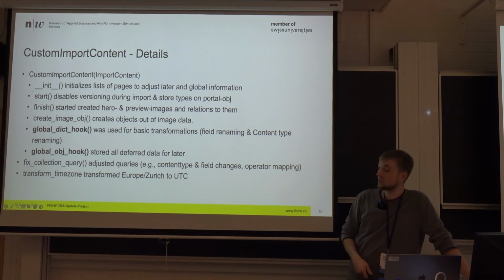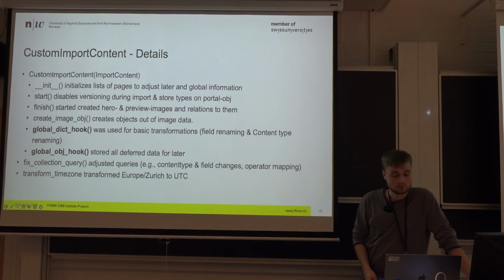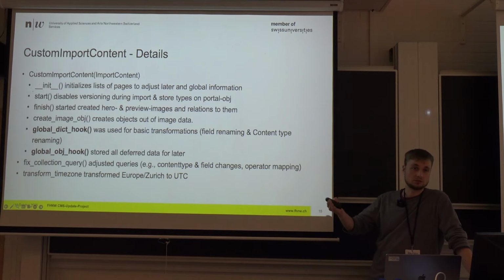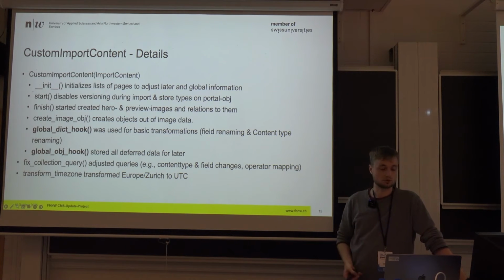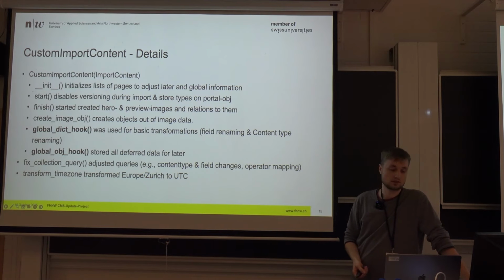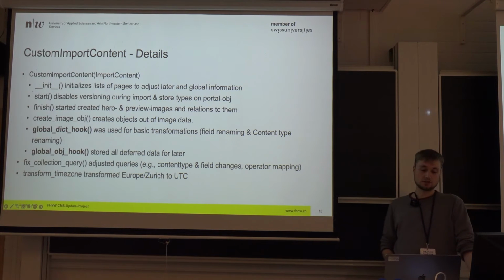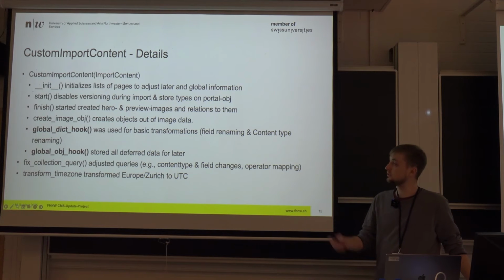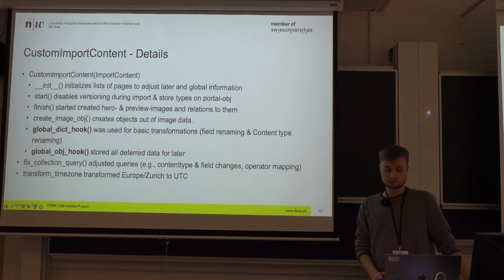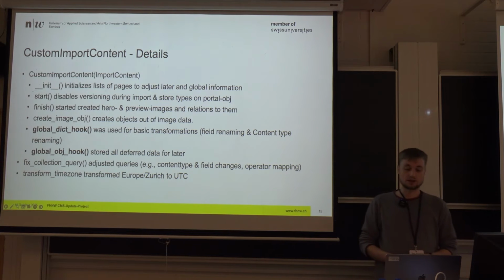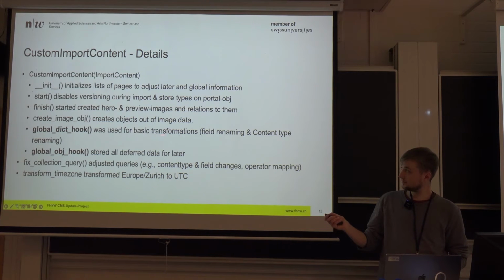There we disable the versioning, for example, and store the types where we disabled the versioning on the portal object as an annotation. And the finish. This finish method was quite interesting because we did a lot of the preview and hero image logic in there, and prepared relations there and stored them as well on the root object as annotations. This was also used to create image objects.